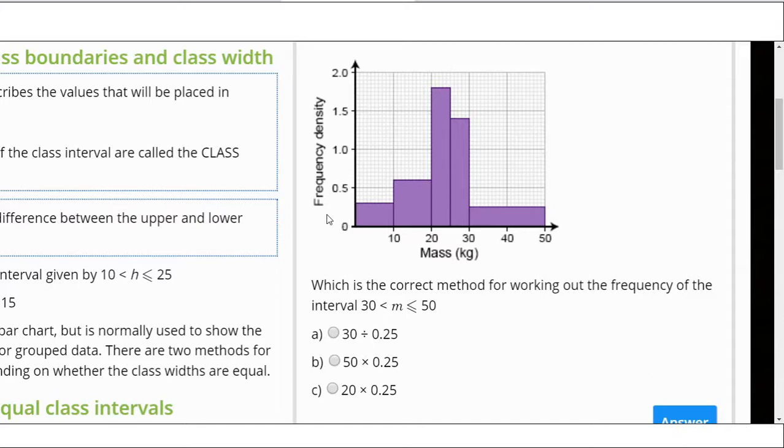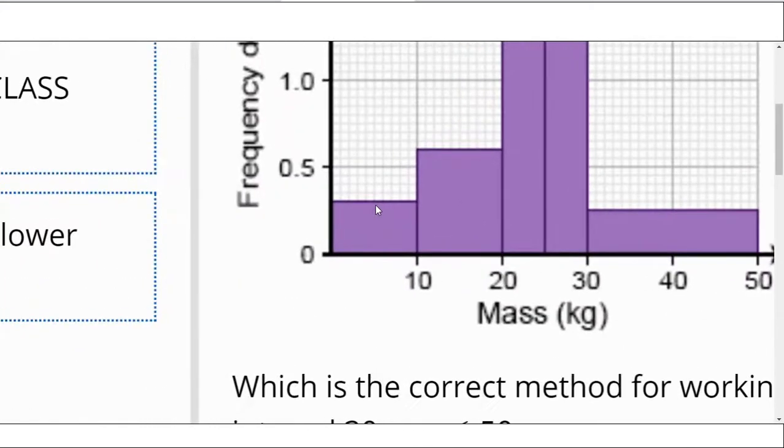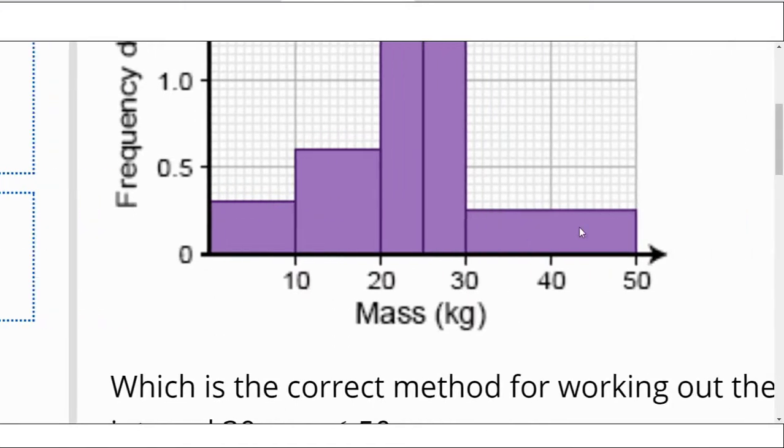So to find the frequency, it means you multiply, right? Multiply the frequency density by the width. So this frequency density, I think, make it bigger. It's 0.3 times the width. 30 to 50 is 20.